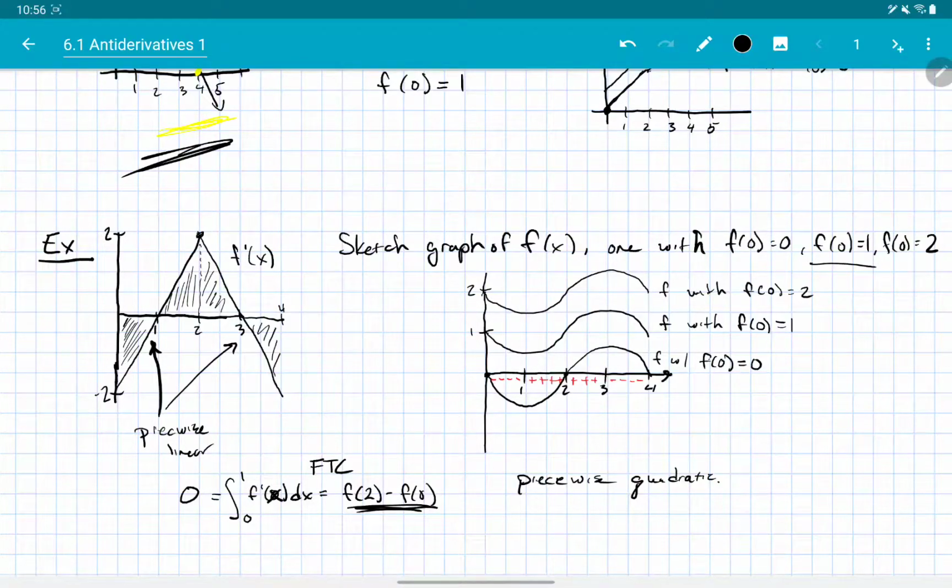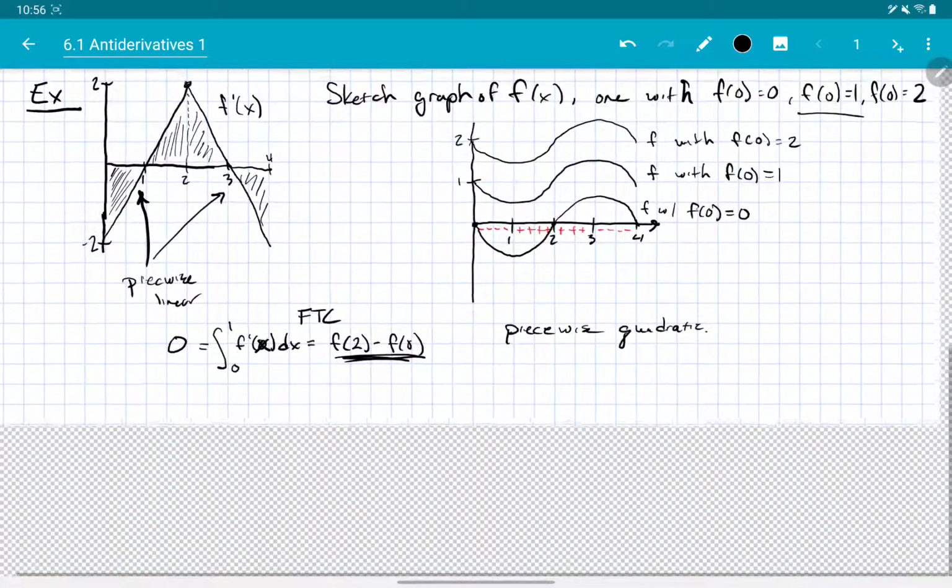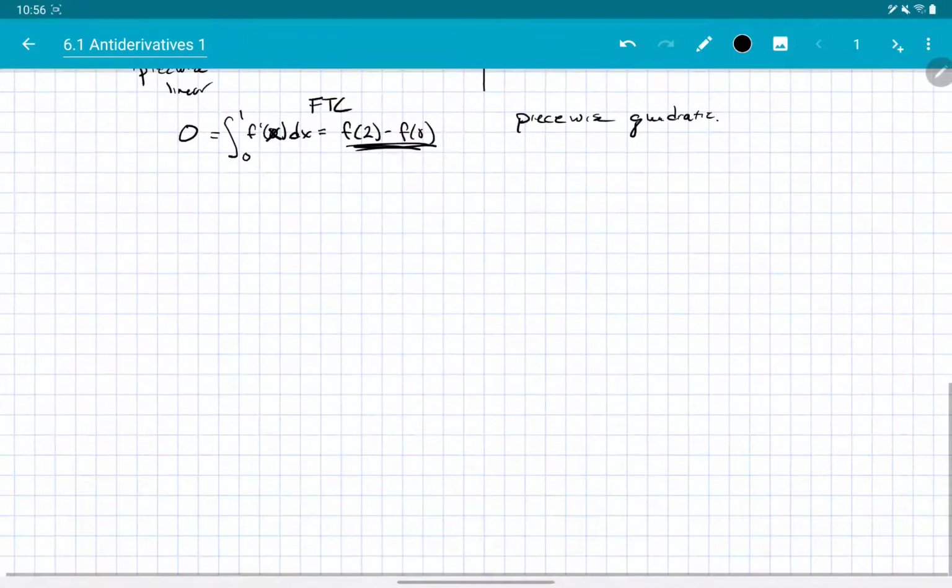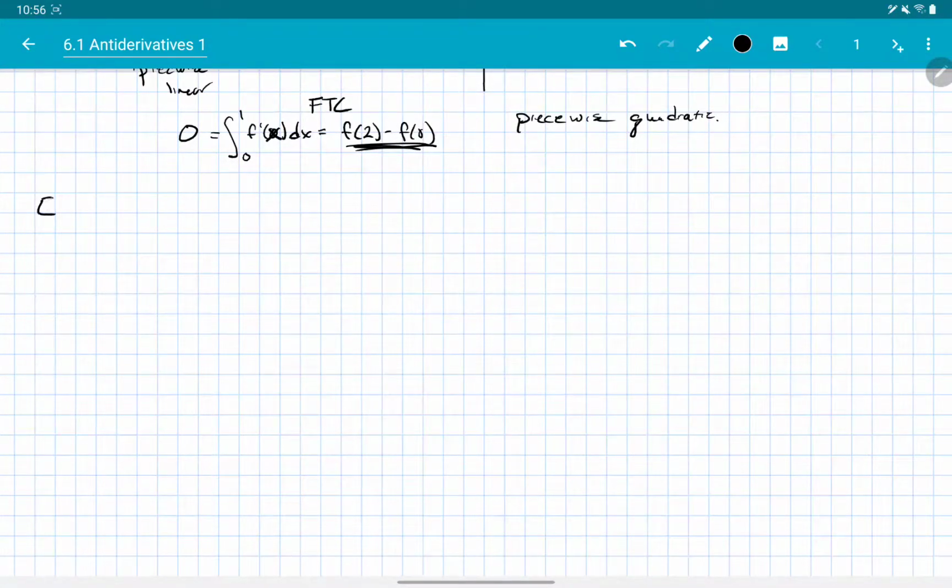Okay, we're going to do another one, which is a little more complicated. I'm going to draw the function first. The scale is going to be different on this one: 10, 20, 30.